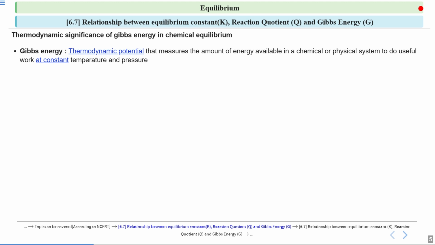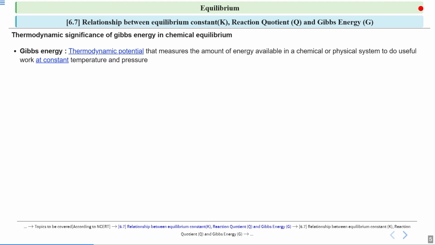Now you will not be able to do the work because you don't have enough energy. This is a kind of potential energy stored in you. In thermodynamic systems, this energy is called Gibbs energy, a kind of thermodynamic potential stored in the chemical species through which it does the work.